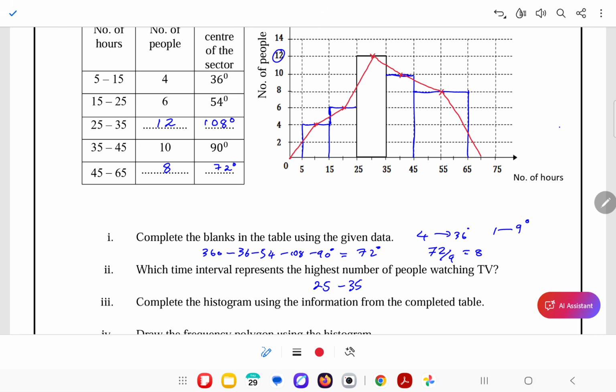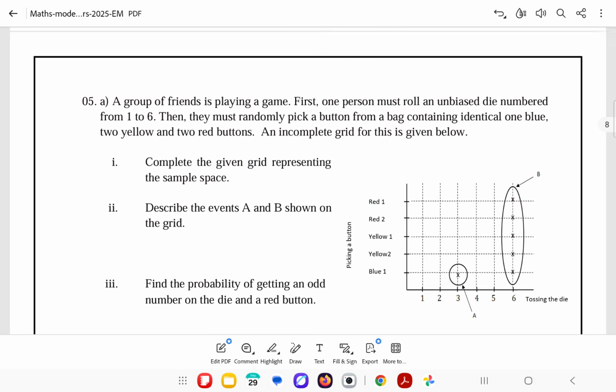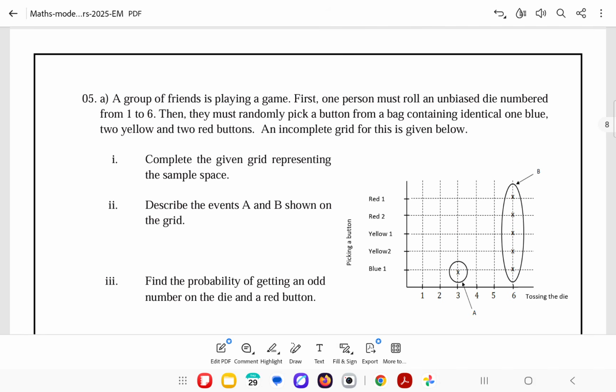Right. So that's the frequency polygon. Then let's look at the last question.